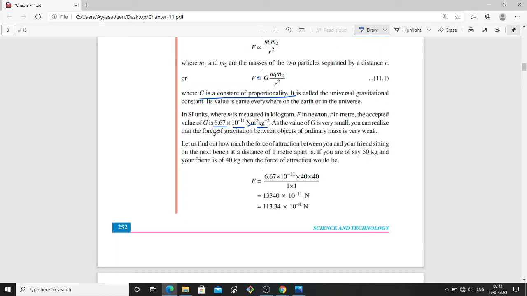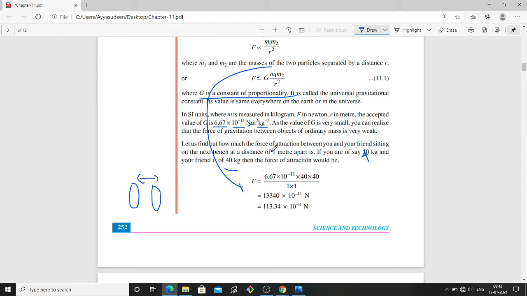Now, let's say we find the force of attraction between you and your friend sitting on the next bench at a distance of 1 meter apart. Let's say you are 40 kg, and your friend is also 40 kg. How to find it? We apply this formula.